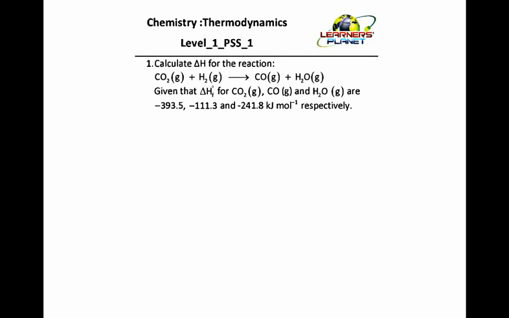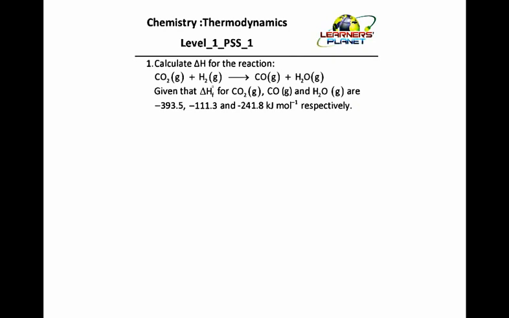For example, we have carbon dioxide plus hydrogen giving us carbon monoxide plus water, and the heats of formation are already mentioned here, and those are minus 393.5 kilojoule per mole, minus 111.3 kilojoule per mole, and also minus 241.8 kilojoule per mole.